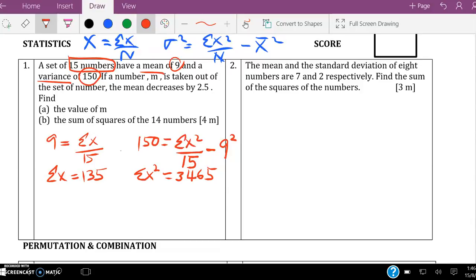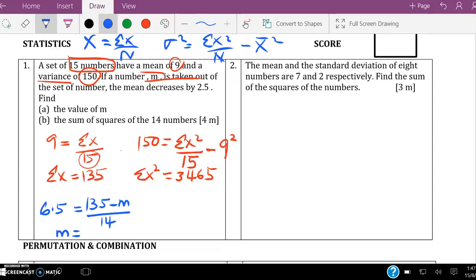And there is mentioned here a number is taken out. A number is taken out means the count of 15 now will become 14, and the sum of x now is 135 minus m. The mean decreases by 2.5, which means it is 6.5 now. So 135 minus m over 14 equals 6.5.